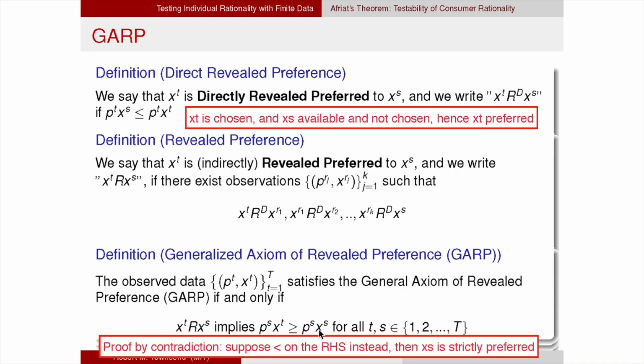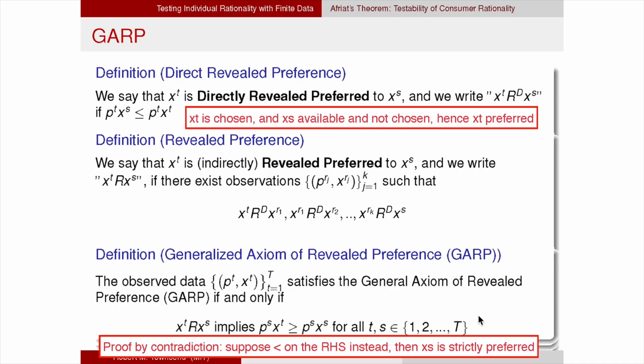So XS would be directly revealed to be preferred to XT according to this definition, but it goes the other way here, where XT is revealed, granted indirectly, to be preferred to XS. So if this were a strict inequality going the other way, we would intuitively have a violation. These two pieces of information would not be consistent with each other.